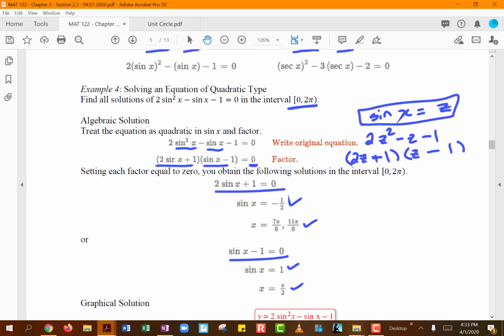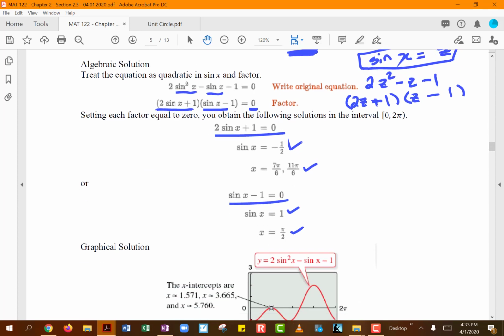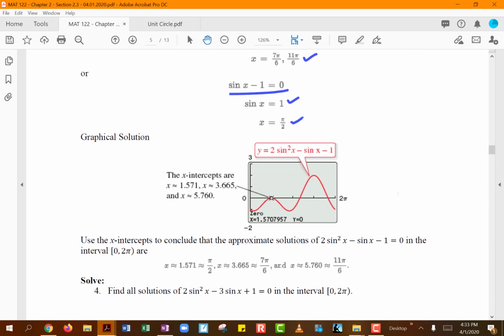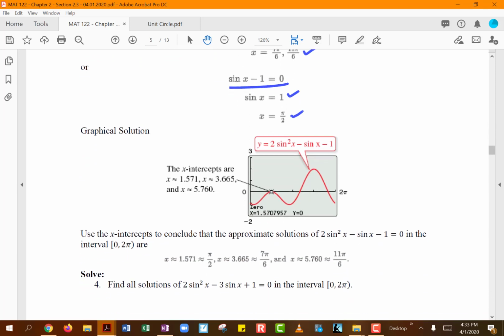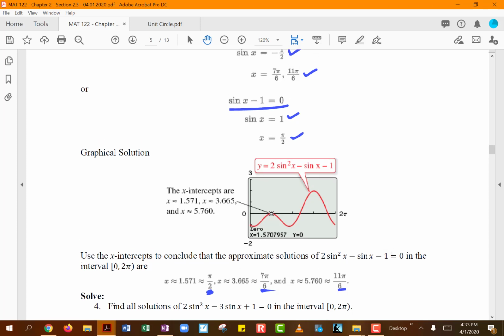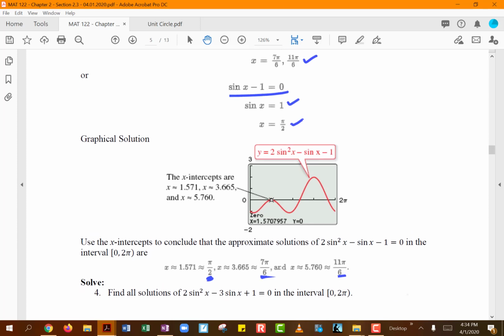Now remember, they said only to find the intervals from 0 to 2 pi. So you will notice we are not adding the 2n pi to any of these answers. We're leaving them exactly as what we found them to be.